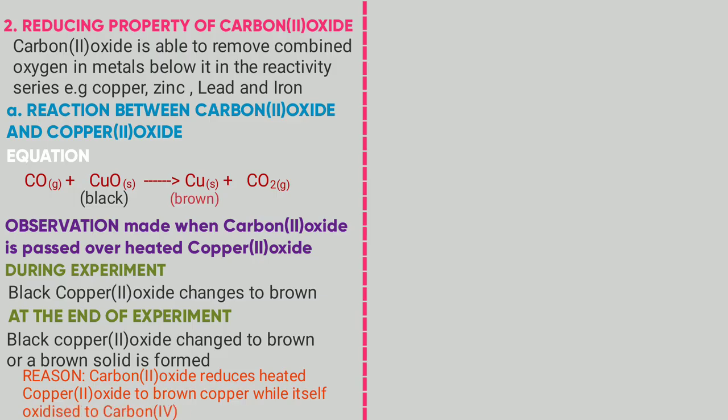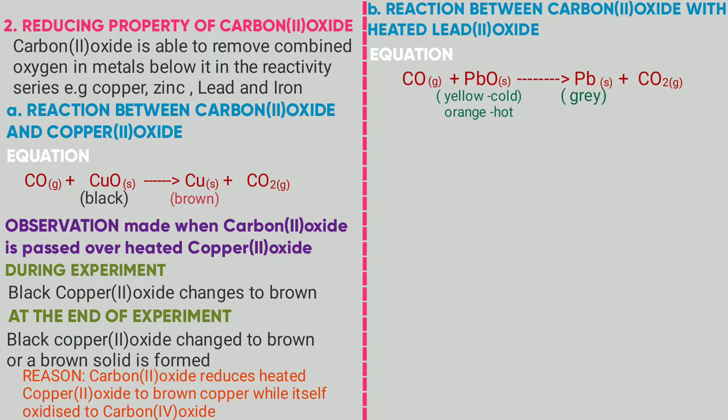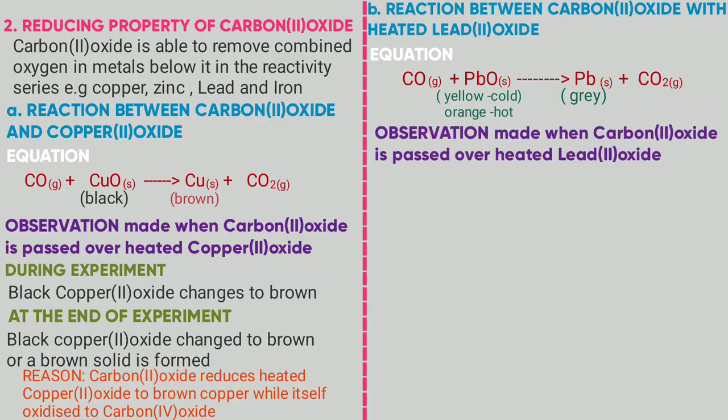B. Reaction with heated lead-2 oxide. The chemical equation is CO gas plus lead-2 oxide solid arrow lead solid plus CO2 gas. The observation made when carbon 2 oxide is passed over heated lead-2 oxide: during the experiment, yellow lead-2 oxide changes to gray.